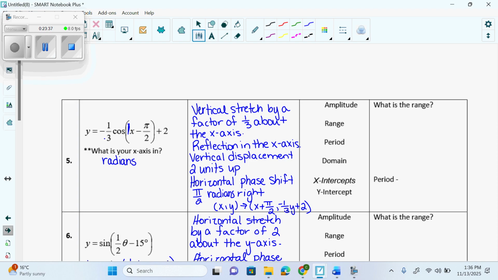This one, what is the period? It's in radians. My B value is 1, so it's going to be 2 pi. And the range is the amplitude, so I'm going to do maximum is 2 plus 1/3, which is 6/3 plus 1/3, which is 7/3.